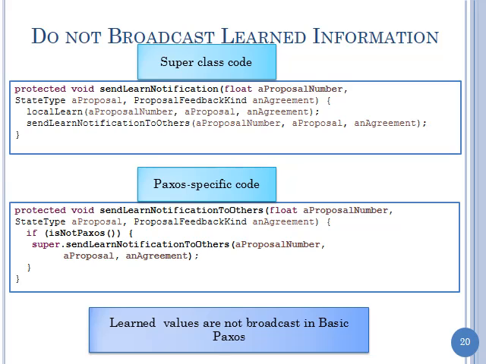So in our Paxos specific class, we check if we are Paxos or not. If we are not Paxos, we do whatever our superclass does. Otherwise, we do nothing. Okay, so learn values are not broadcast in basic Paxos. Okay, in the variation that reduces the number of learn requests and learn responses, there's a central learner that goes and sends a learned value. But in the basic Paxos, there can be multiple learners, all of which get responses directly. Okay.